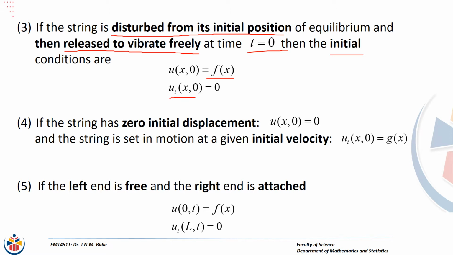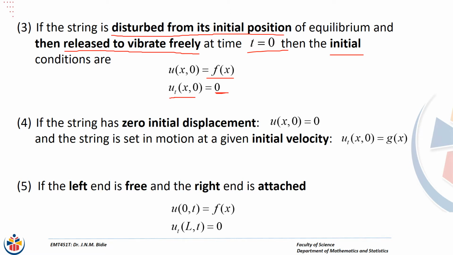And then releasing it freely to vibrate, we have initial velocity, which is du over dt at time t equal to 0. And we know that it will be equal to 0 because it has not been given.